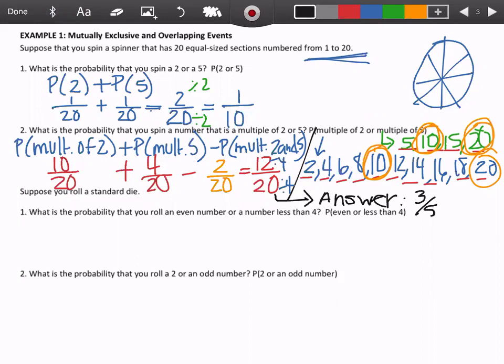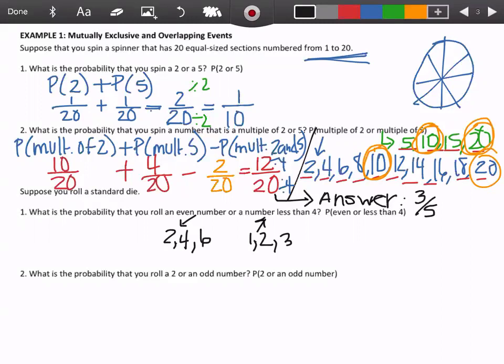So if we think about the even numbers on a die, that is 2, 4, 6. And then numbers less than 4, that's 1, 2, 3, and then we can't include 4 because we want everything that's less than 4.